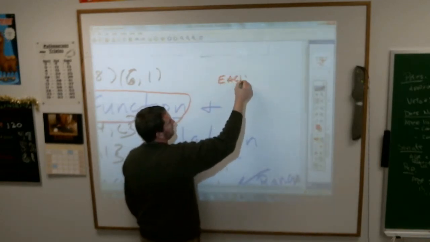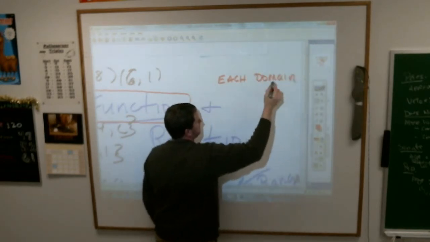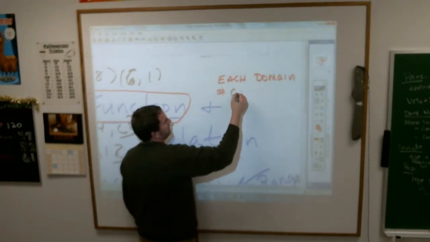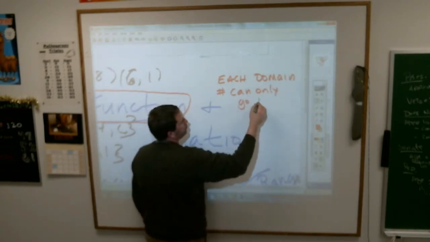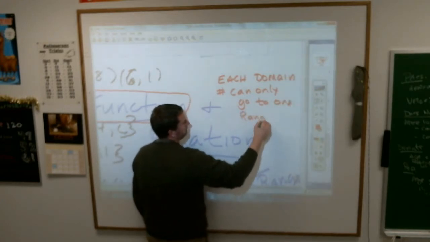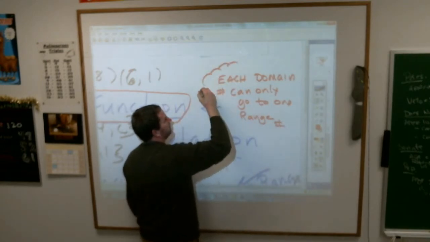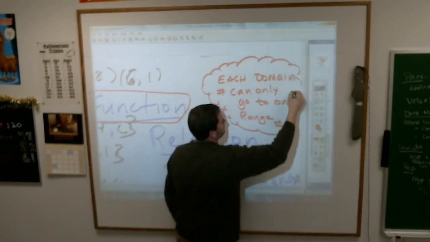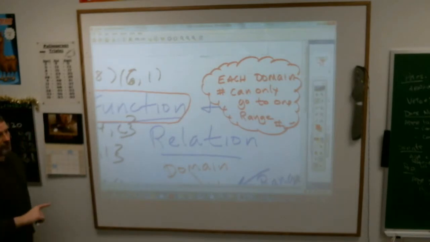Each domain element, each domain number, can only go to one range number. That is a function in a proverbial nutshell. I'll let you write that down, then we'll talk about that.